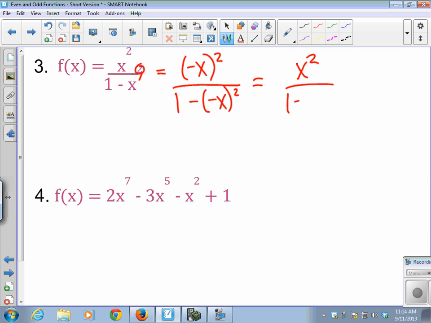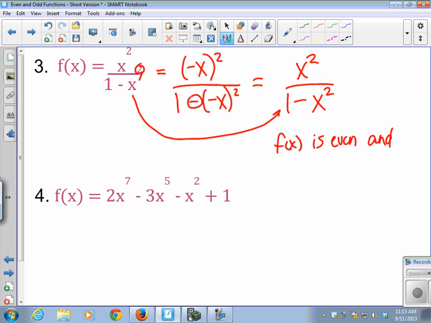In the bottom, a 1 minus. Remember, this minus doesn't go anywhere because it's not being squared. And so the second minus is going to go away and just leave me with x squared. And since I end up with what I started with, that means f of x is even and has symmetry with respect to the y-axis.